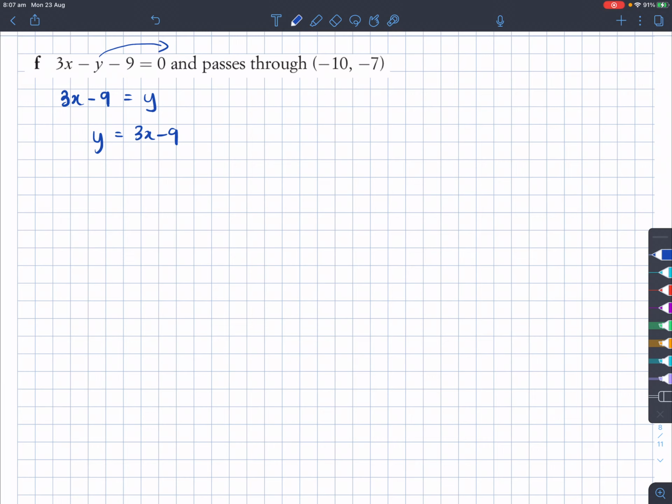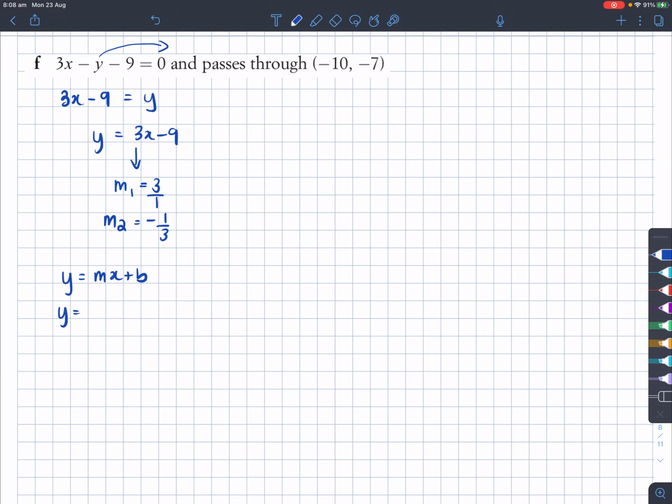So this means that our gradient of this line, m1, is equal to 3. And the gradient that is perpendicular to this, which is m2, would have the negative reciprocal of this value. So 3 is the same thing as 3 over 1. So the negative reciprocal of this will be negative 1 over 3. Okay? The equation of a line we're finding is y equals mx plus b. So m in this case is negative 1/3, and we're just going to put this right here.